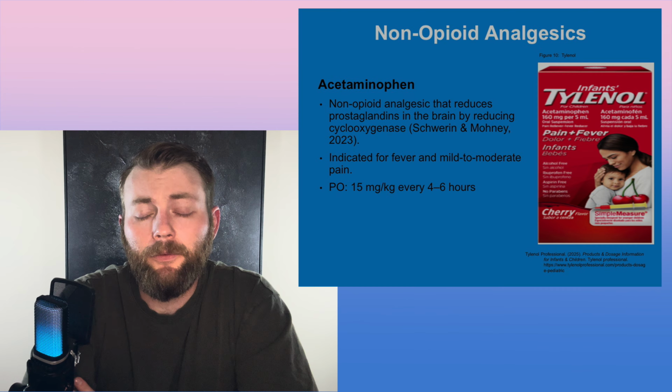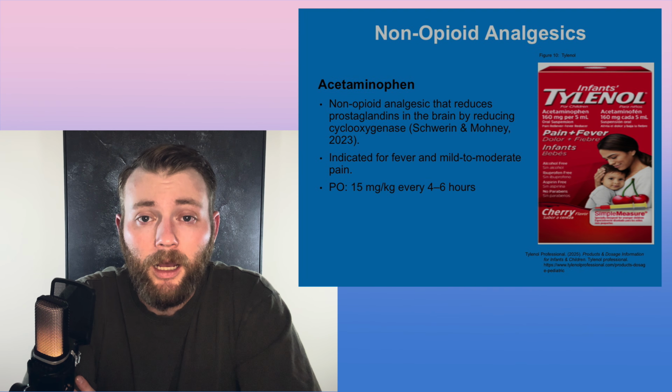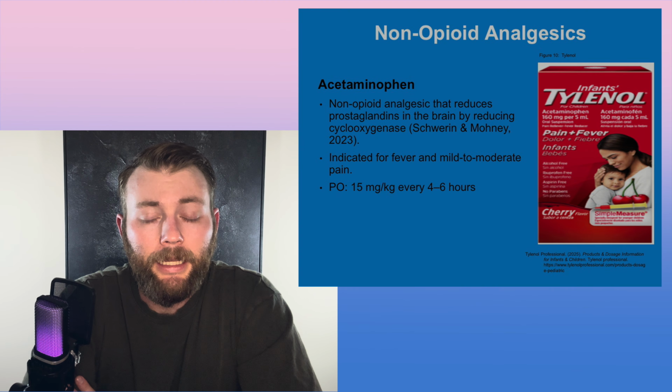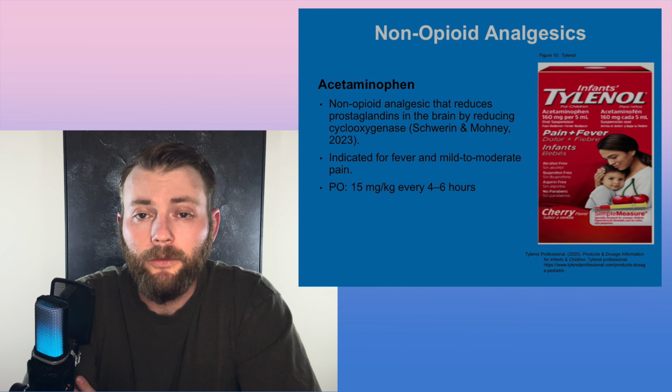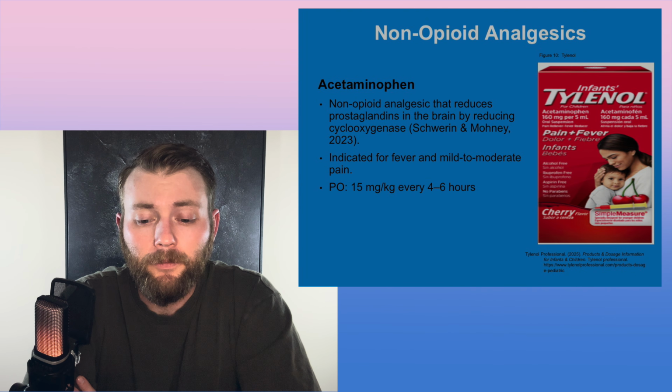The first medication I want to talk about is acetaminophen. Acetaminophen is a common pre-hospital medication, and it's considered a non-opioid analgesic that's used for the management of pain and fever. Acetaminophen works primarily within the central nervous system to inhibit cyclooxygenase, or COX.